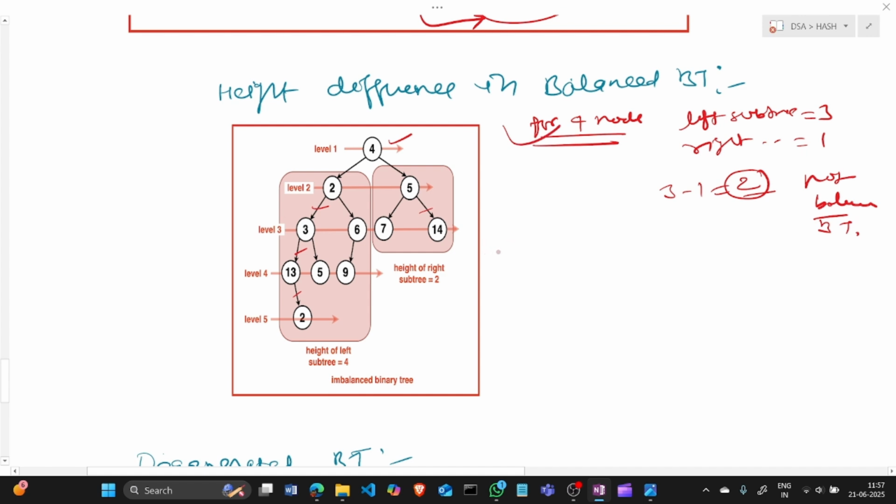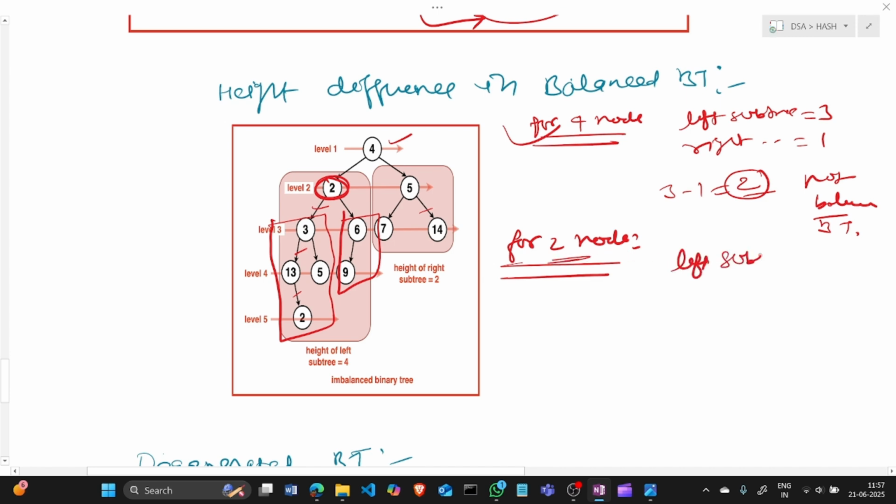If I check for node 2, the left subtree is this and the right subtree is this. The left subtree height is 1, 2, so 2, and the height of the right subtree of node 2 is 1.